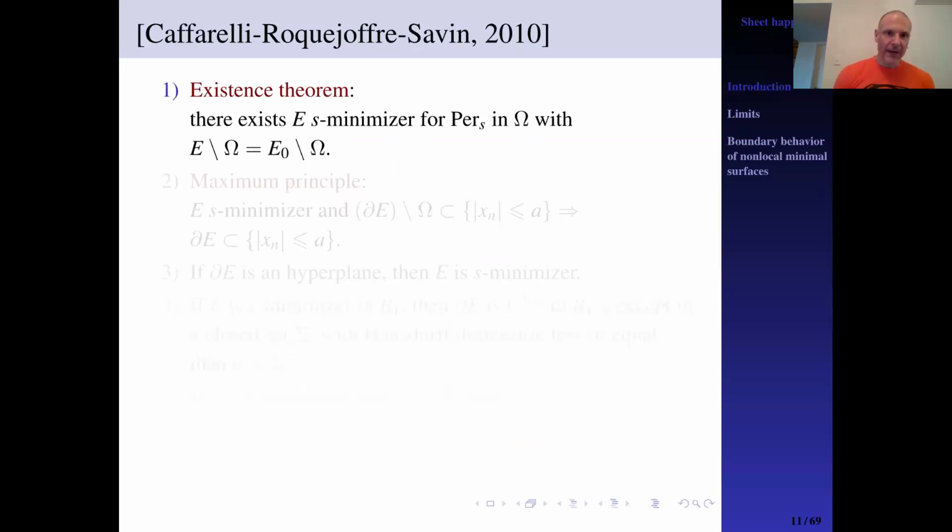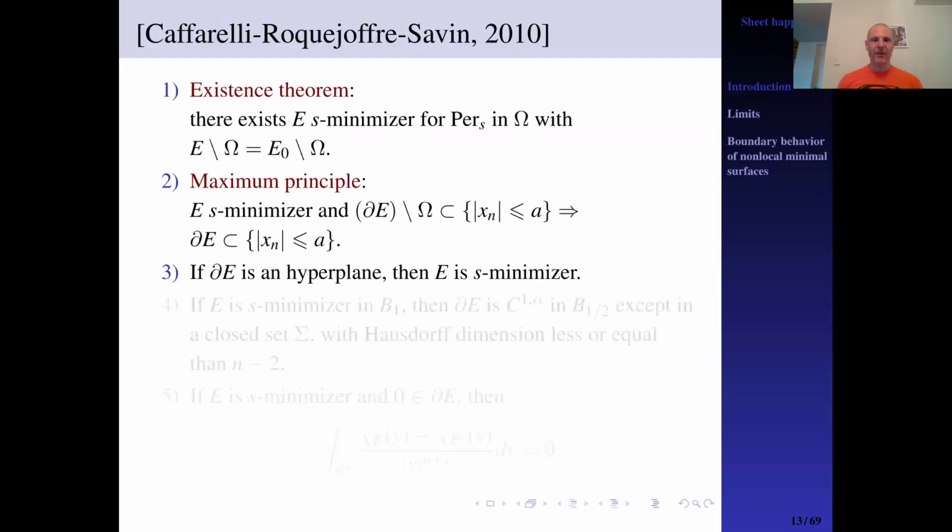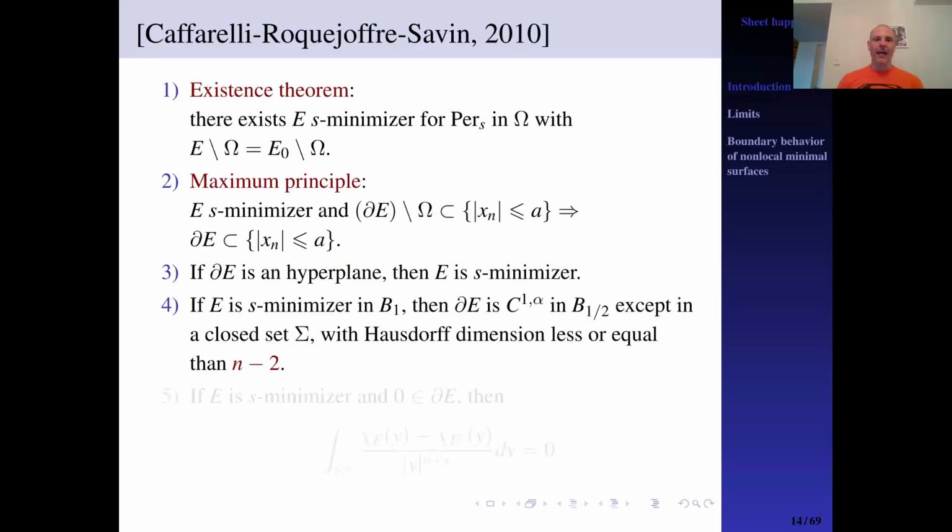Now, the paper by Caffarelli, Roquejoffre, and Savin proves many things, like an existence theorem, a maximum principle, a regularity result, and an equation that we will discuss later on.